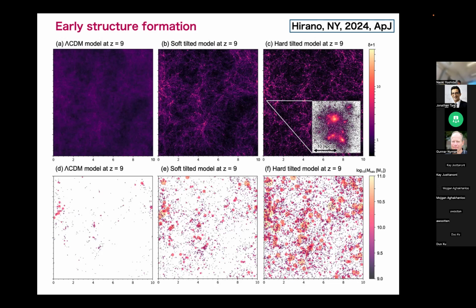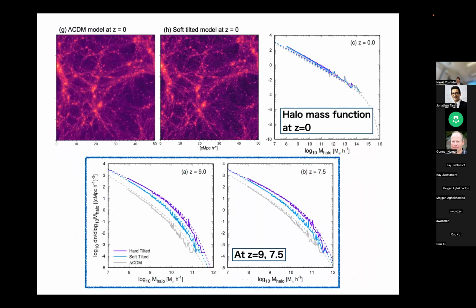Again, in terms of galaxy abundance, it's clear this slight tilt significantly affects the abundance of galaxies at redshift 9. Interestingly, this modification does not ruin the success of lambda CDM at large scales. Comparing these two cases, the present-day large-scale structure of 50 megaparsecs looks essentially the same.